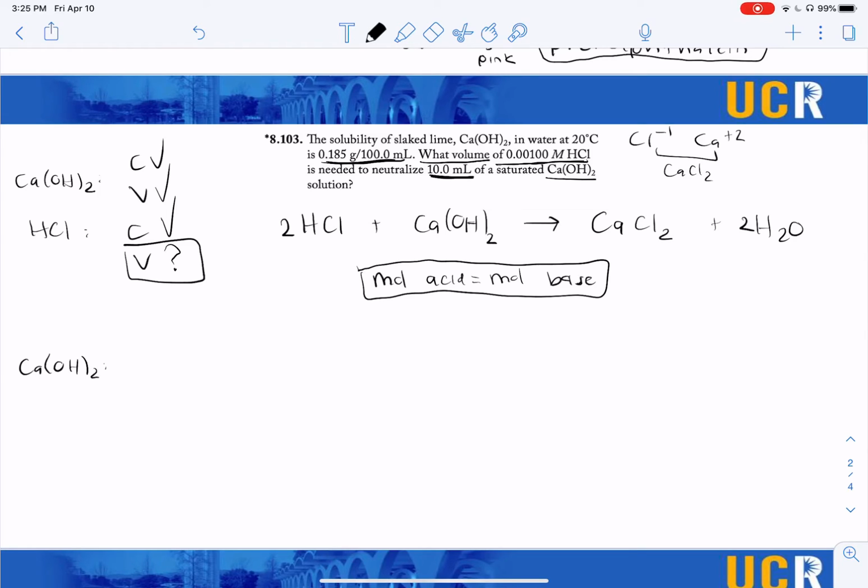Ca(OH)2, we know the concentration is 0.185 grams over 100 milliliters. Perfect. So that's the concentration of Ca(OH)2, and then we know the volume.